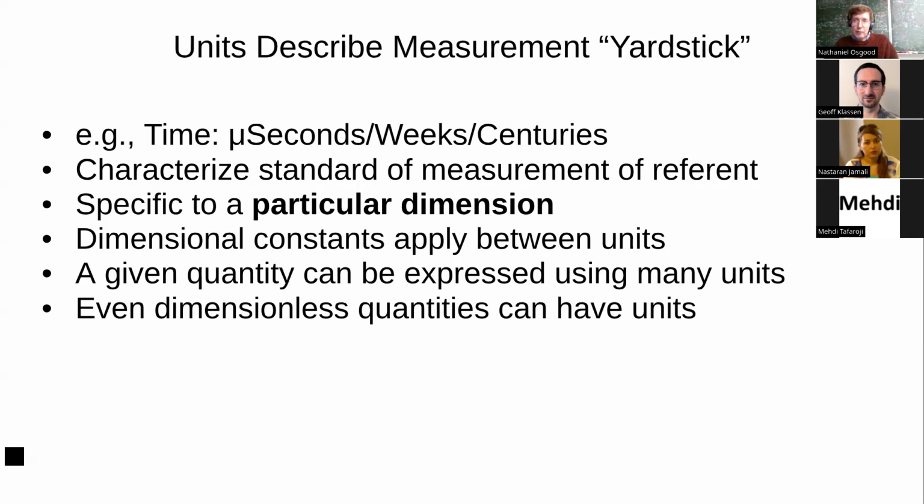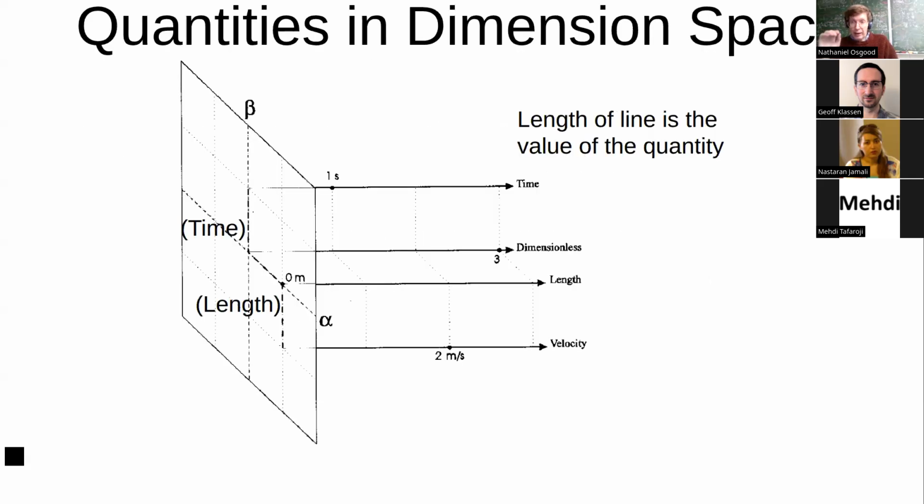So a given quantity could be expressed in different units, but it doesn't make sense to talk about a given quantity being expressed in different dimensions. But I want to highlight this fact again, that units are specific to a dimension. We're going to come back to that.